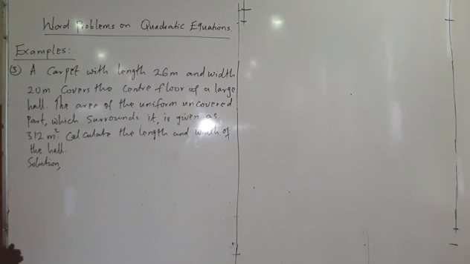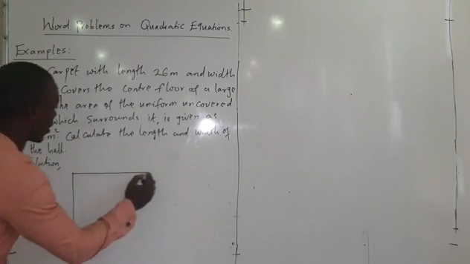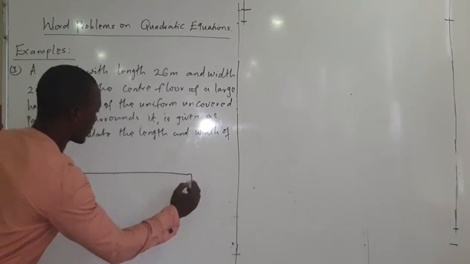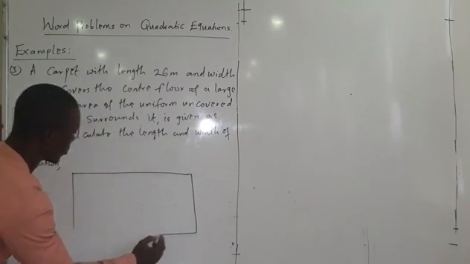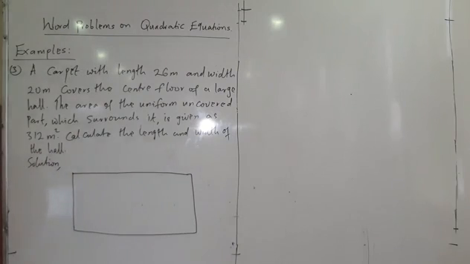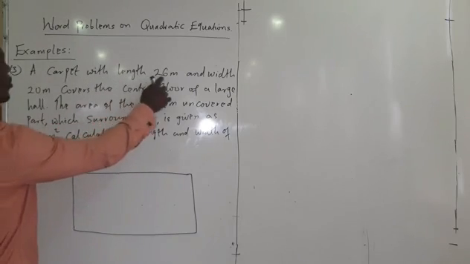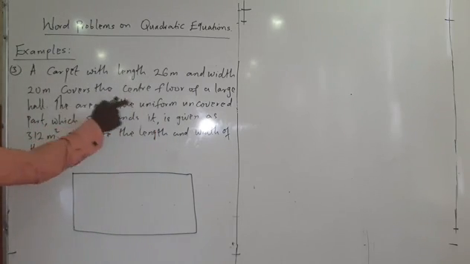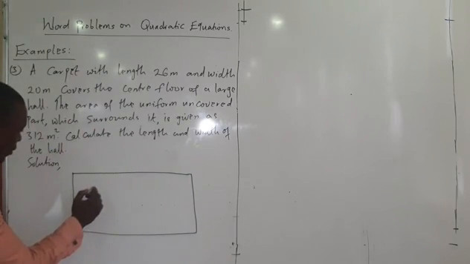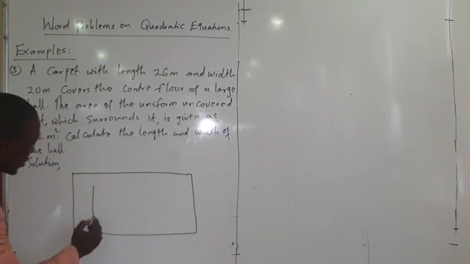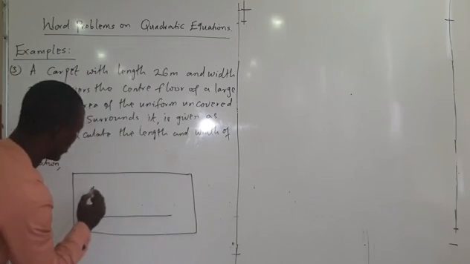So what we are going to do, we are going to draw the rectangular hall. So this is the rectangular hall. Then we have the carpet with length 26 meters that covers the center floor. So the center floor, let's assume the center floor is this.